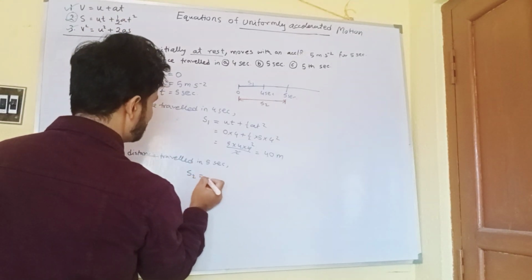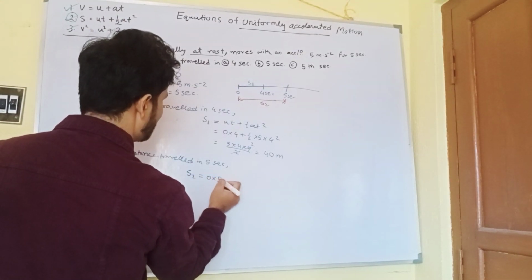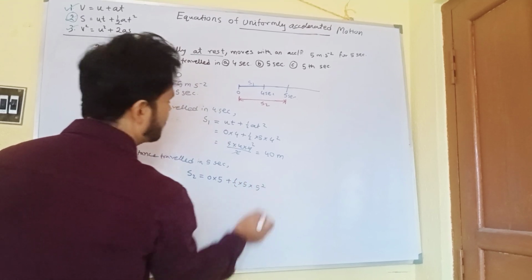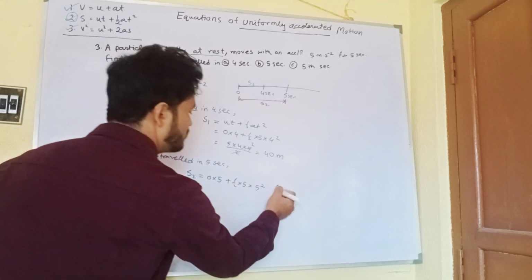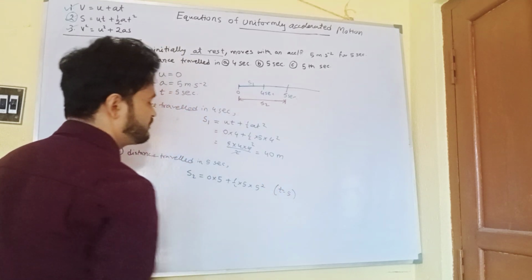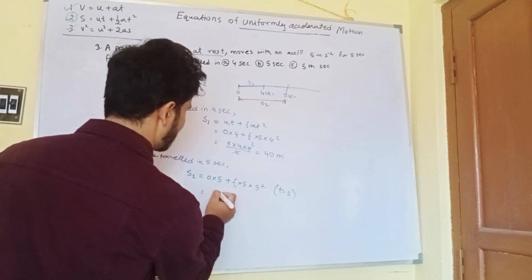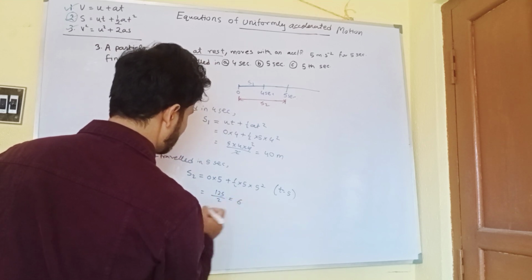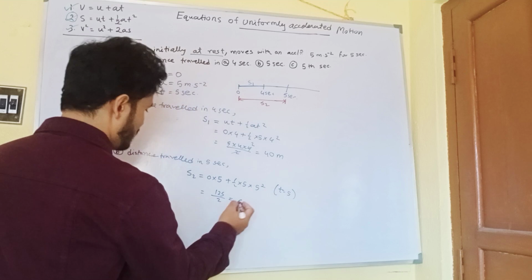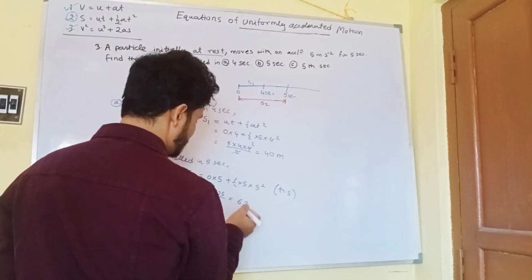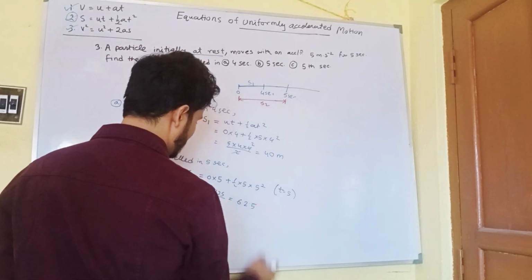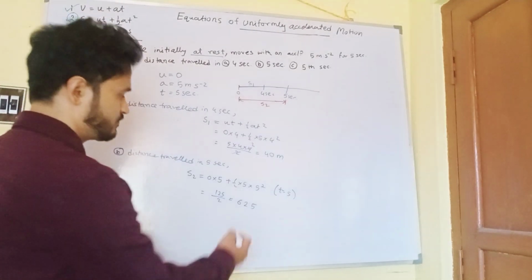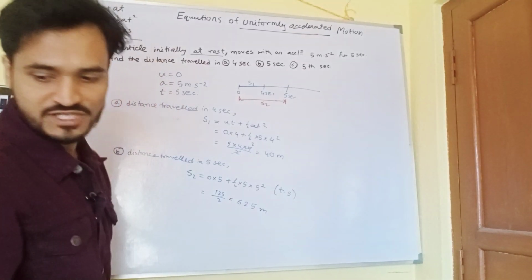So 0 into 5 plus half into 5 into 5 square. What will it become? 125 by 2, 62.5 meter.